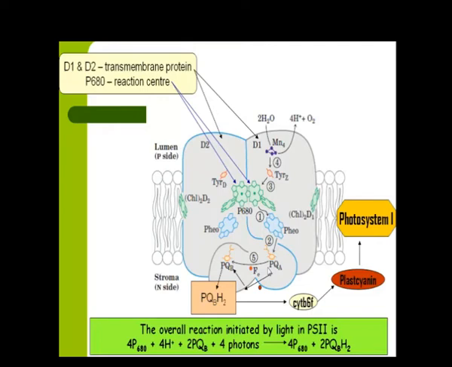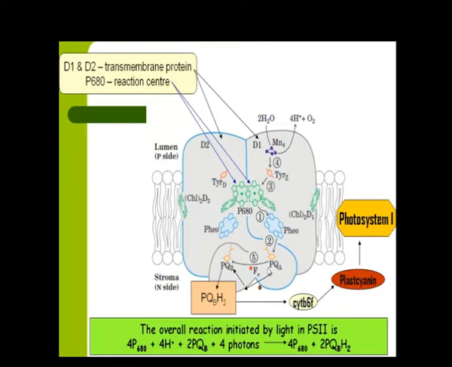Water is not directly going to split and the electrons are not directly going to join P680 to neutralize it. When P680 first becomes positively charged, that means it gives its electron away, tyrosine is placed very close to it. It will give its electrons to P680 and neutralize it.